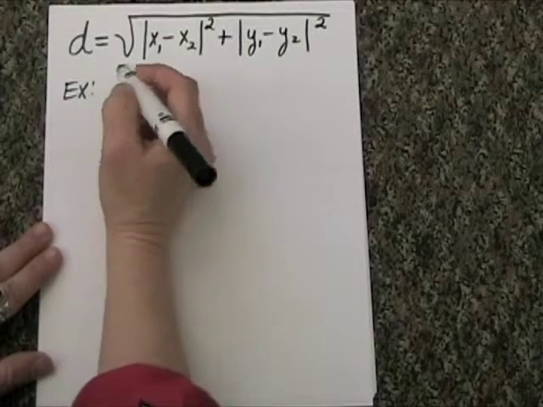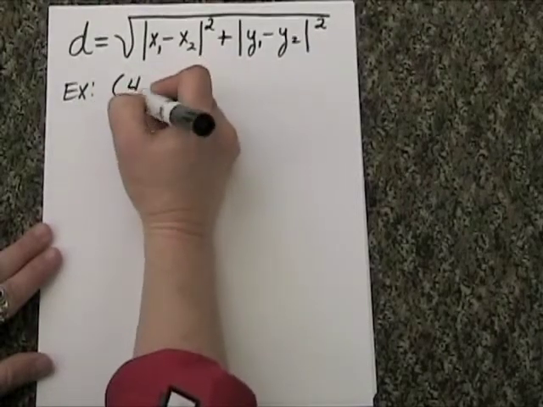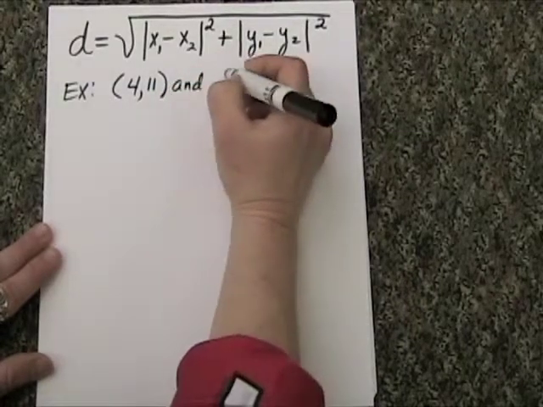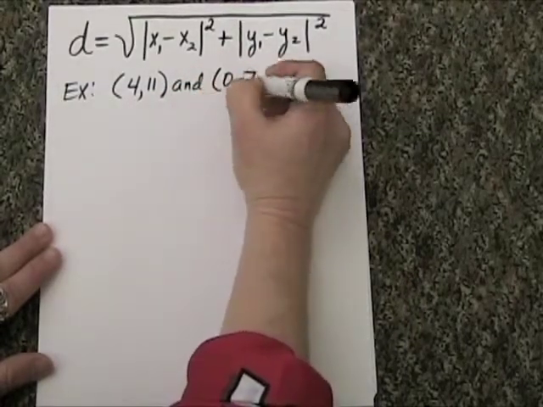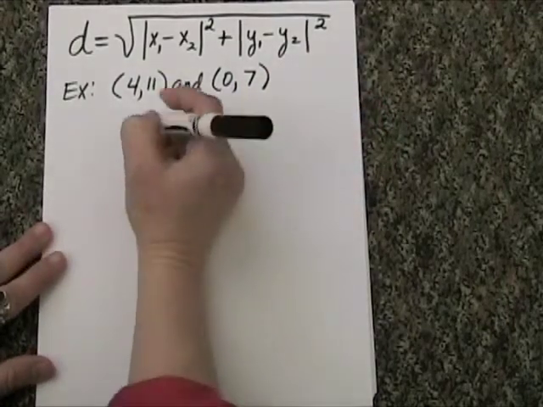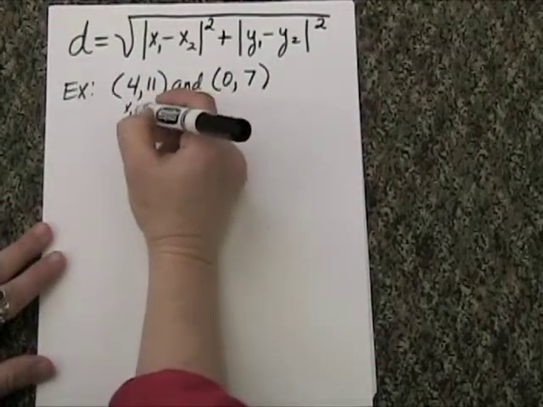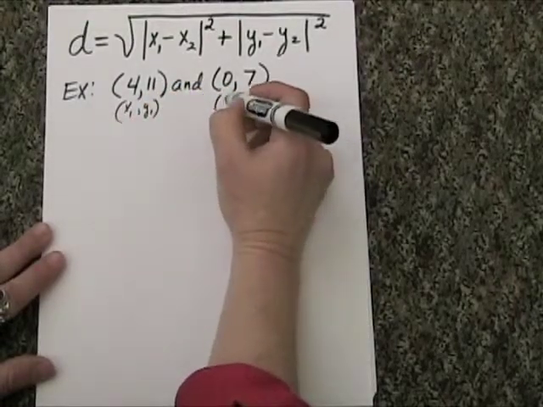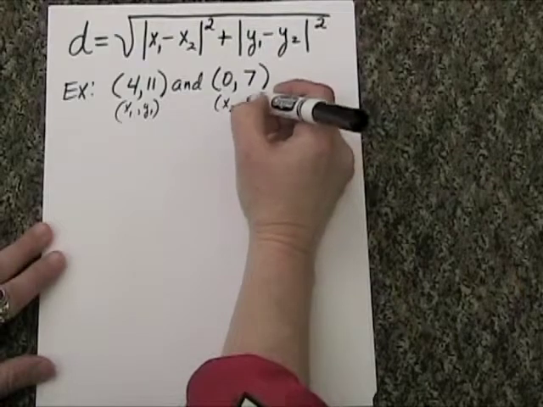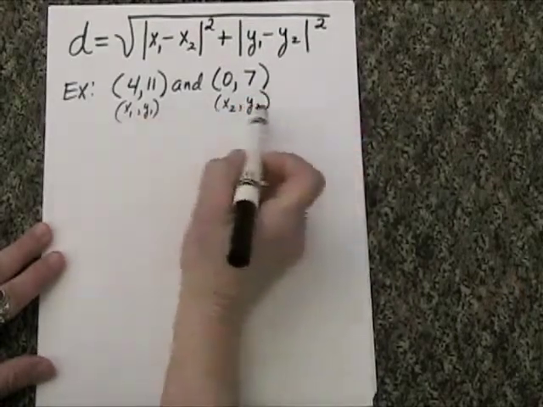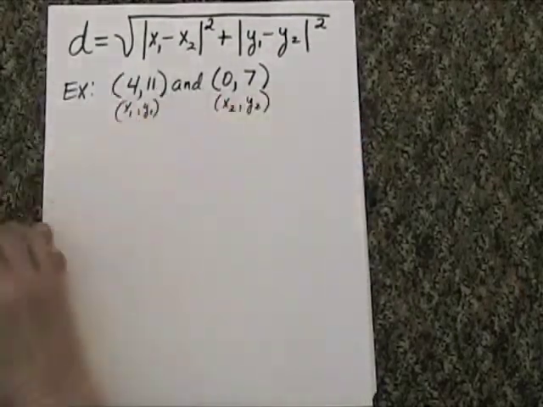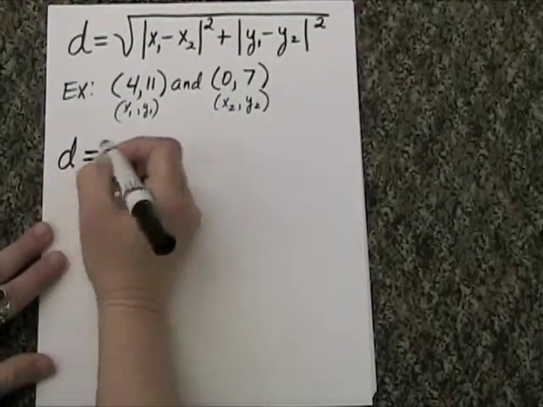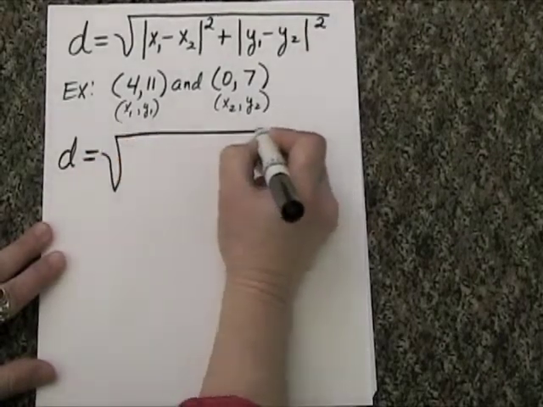Find the distance between the points 4, 11 and 0, 7. Okay? Remember, this is x sub 1, y sub 1. And we'll let this be x sub 2, y sub 2. It doesn't matter which one is which. They can be interchangeable. All right, so the distance would then be equal to giant radical sign.